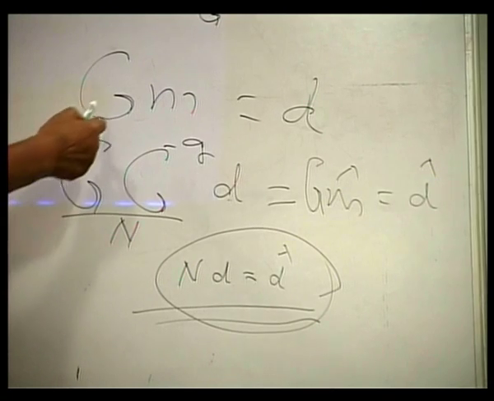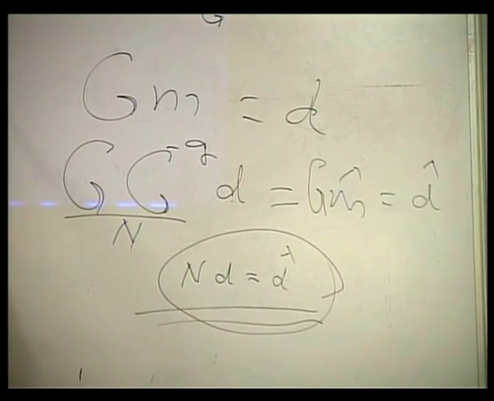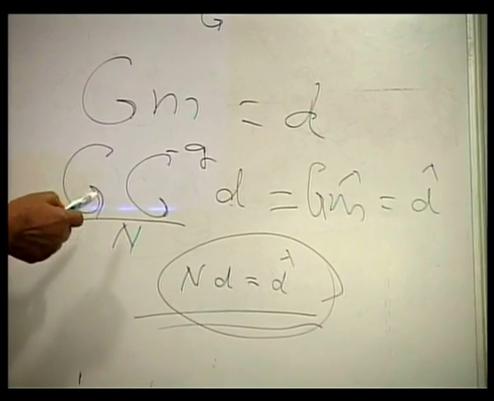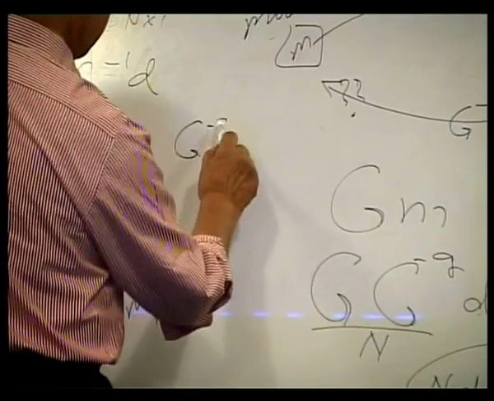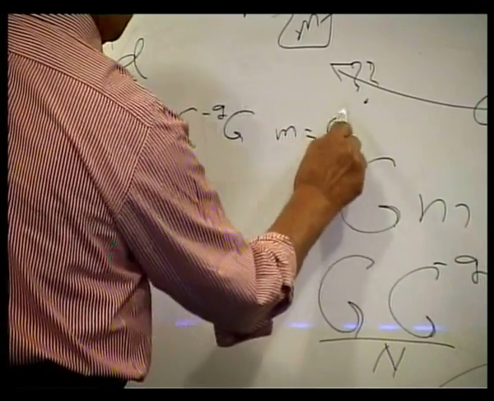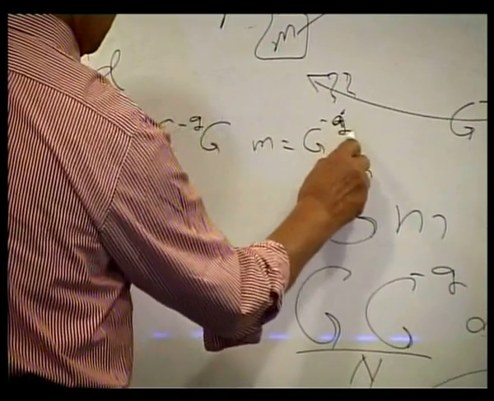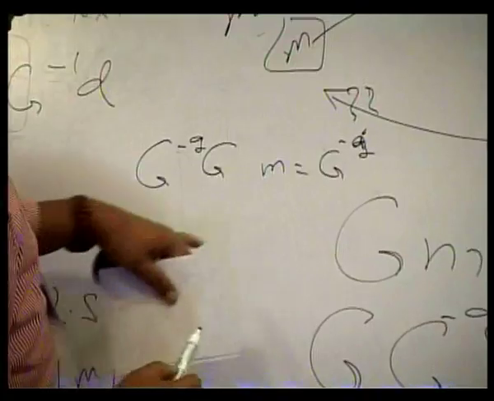And for that, what I could do is multiply this by, I hope I didn't make a mistake. Okay, let me write G minus T multiplied here, times Gm.